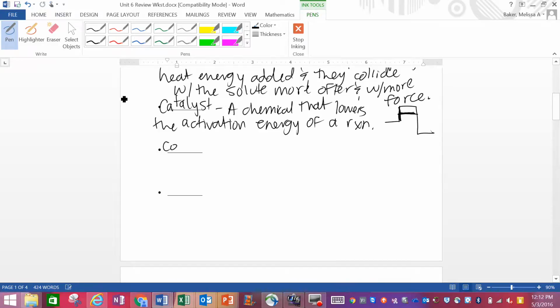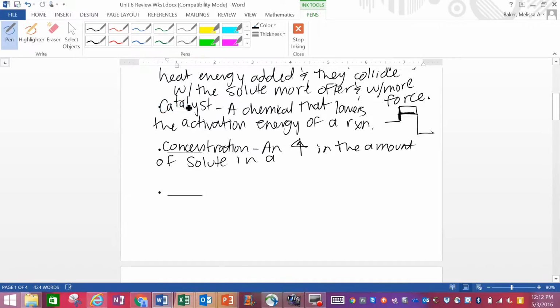Another thing that affects the rate of a reaction is concentration. An increase in the amount of solute in an area increases the chances for collisions between reactants, right?